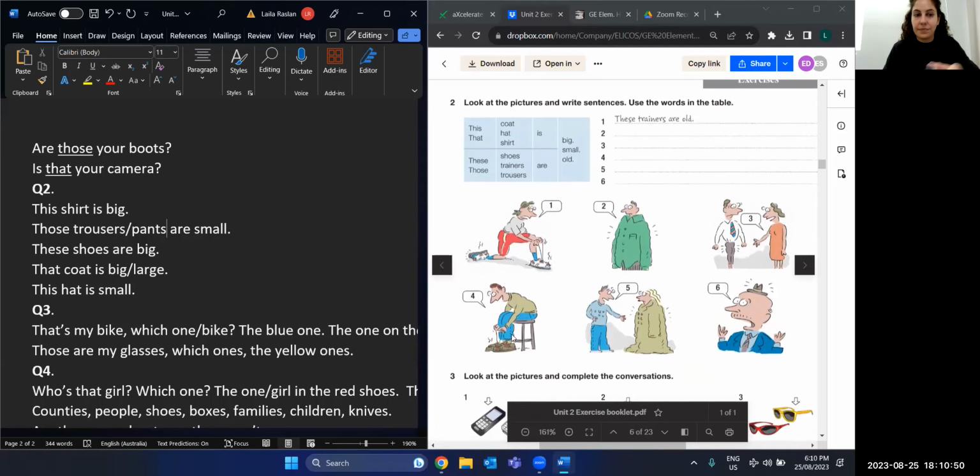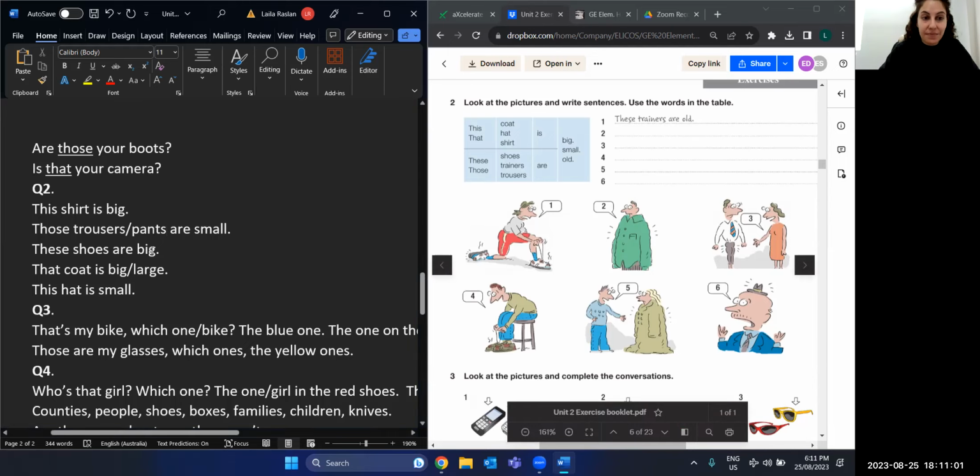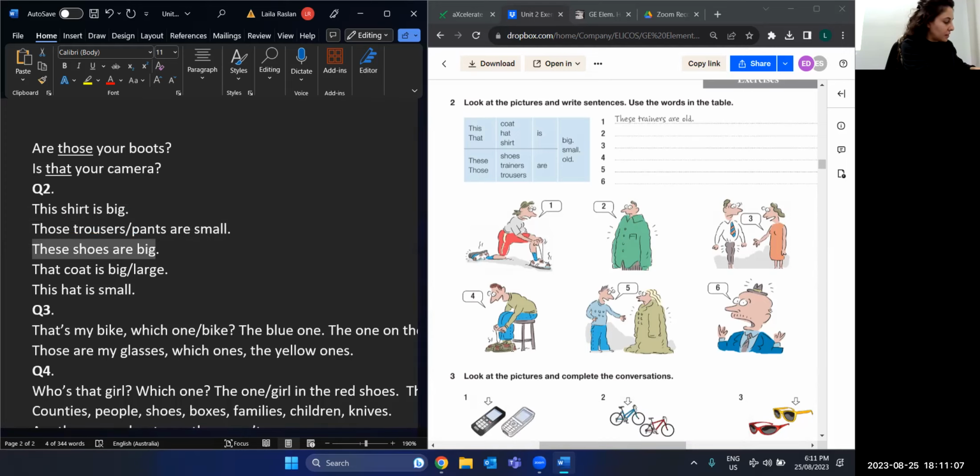Number 4, these, because they're close, he can touch them. These shoes are big. Yeah, can you see how these shoes are big? Number 5, that, he's not touching it.